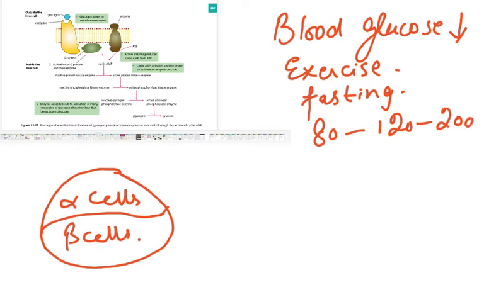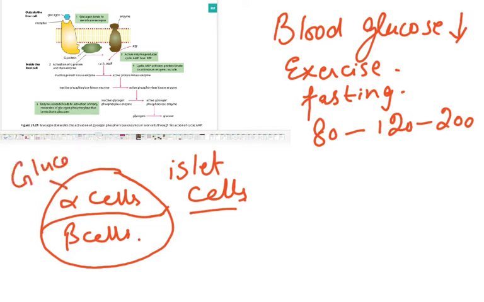So if your blood glucose level falls, this would again be detected in the islet cells, and when it is detected, then the alpha cells are going to release glucagon, and the glucagon is going, if you remember, to the liver cells.